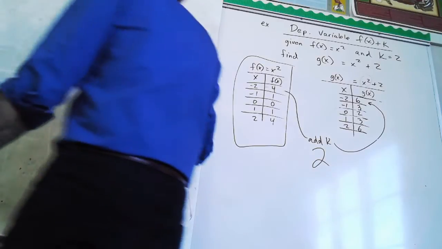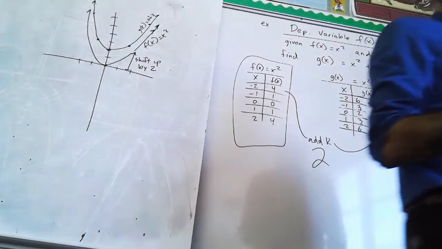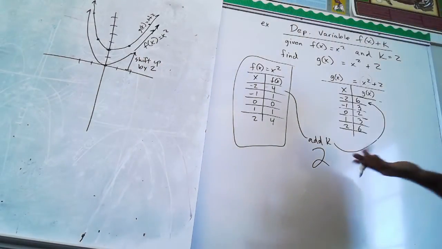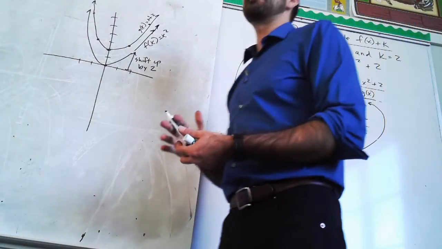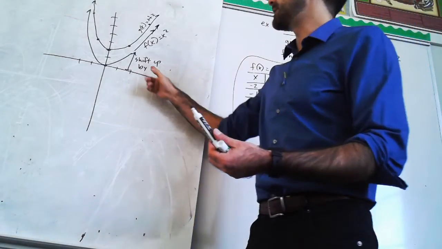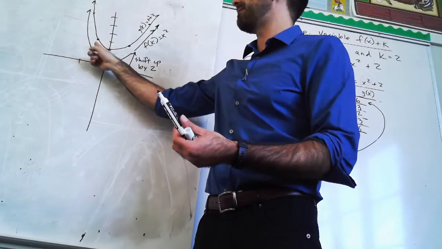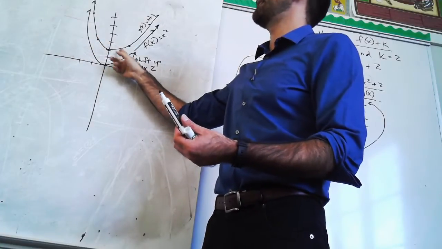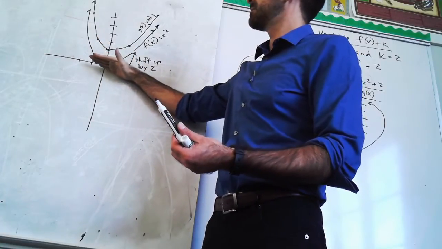If it was to the right, I'd say it had a shift to the right by 2, left, shift to the left by 2. But basically all this did was it took my f of x value, and we added 2. So what we did was move everything up by 2.